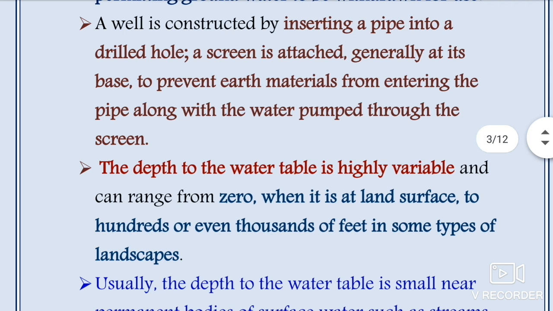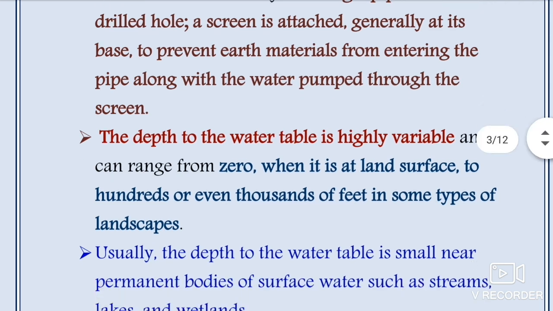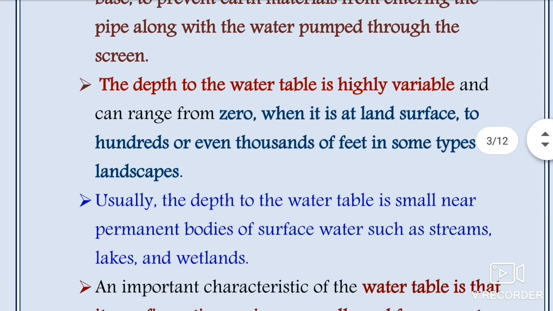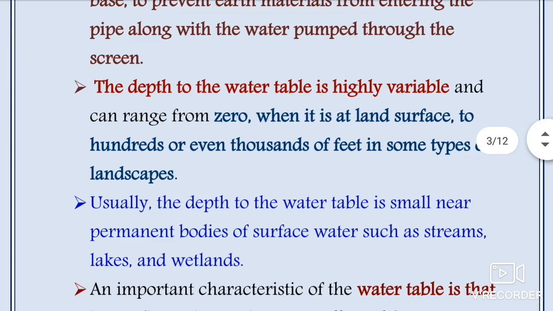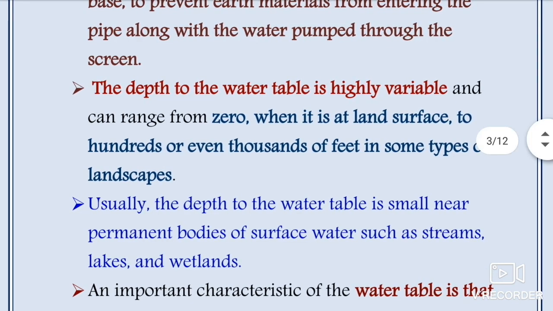So we are discussing only the basics. We will go into the details of each and every topic, but today is only the basic part, to make you aware of the basic terms and their description.